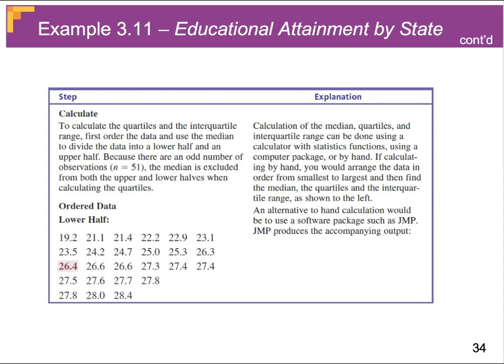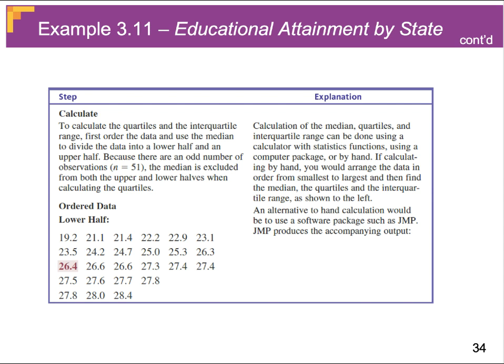So if you were doing this, you would put all of those data into a computer program, because if you were doing this by hand, you'd have to put all the numbers in order before you even did this. And that can be really time consuming, and it's just not necessary for what we need to do in this class. But if we were to order this, we could split into the lower half and the upper half.